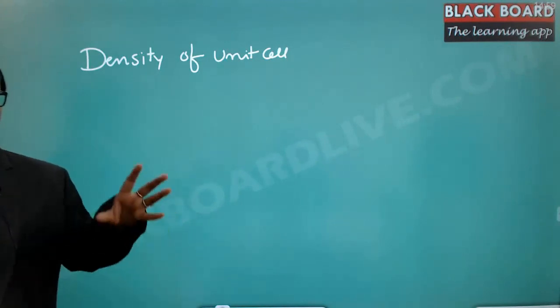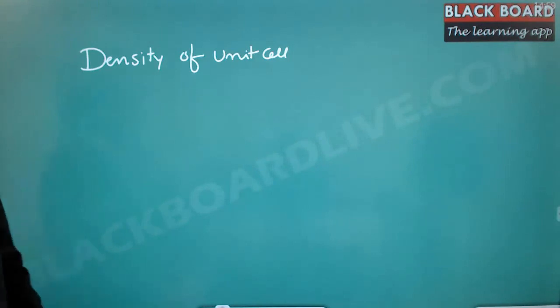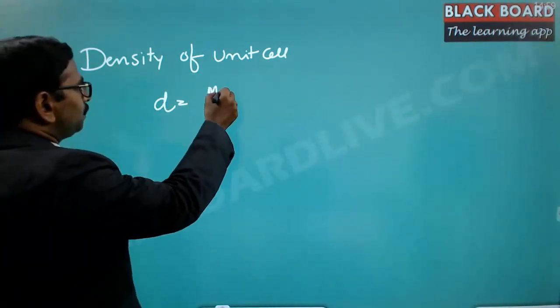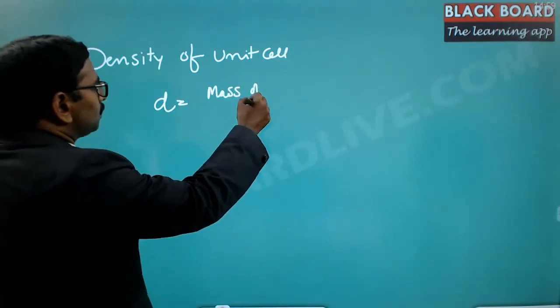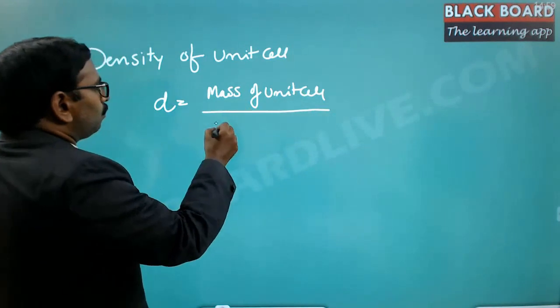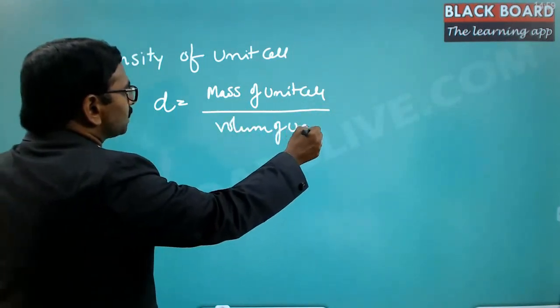That is, mass of unit cell divided by volume of unit cell. Density D is equal to mass of unit cell by volume of unit cell.